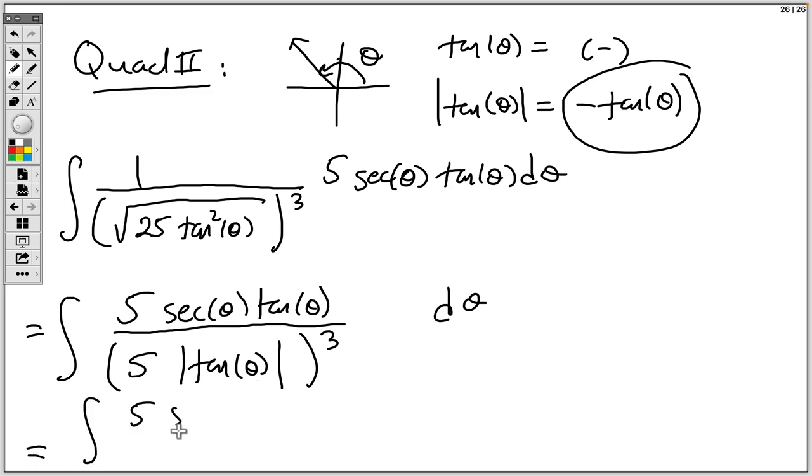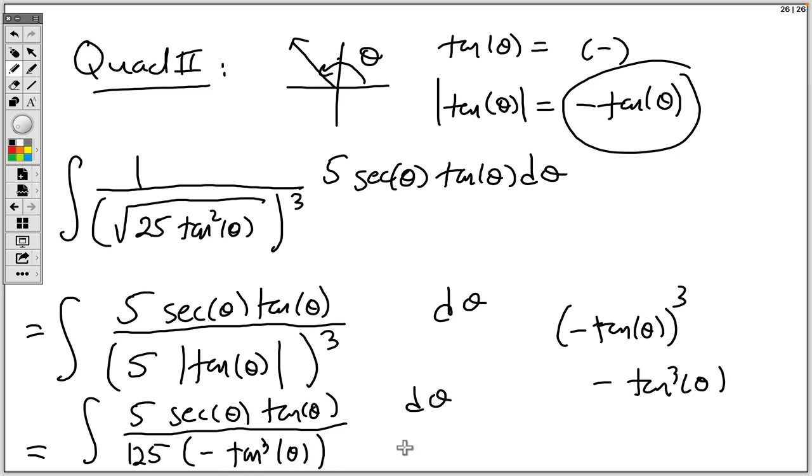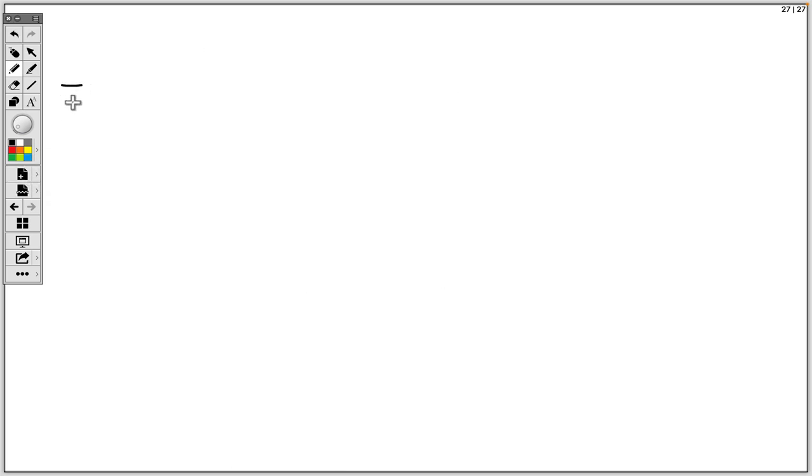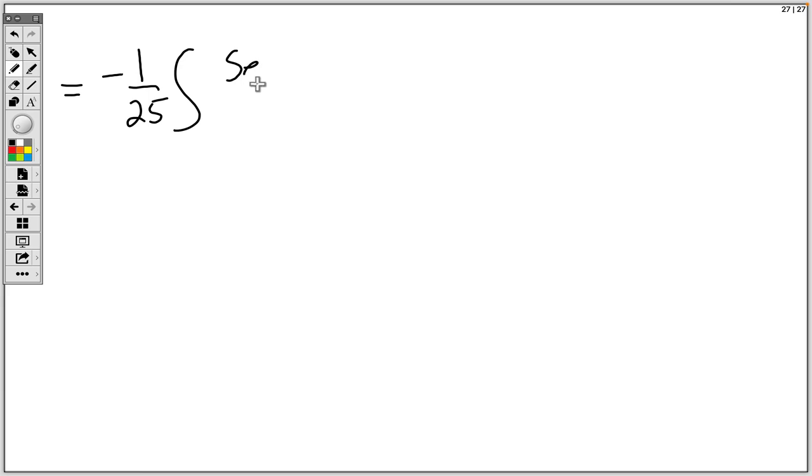So I've got my 5 secant of theta tangent of theta d theta over the 125, but I've got a minus tangent of theta cubed. And since it's cubed, that negative is going to stick around. All right? So you'd have a negative tangent cubed theta downstairs, which I could migrate out front. So I'd have a minus 1 over 25 integral of secant over tangent squared.